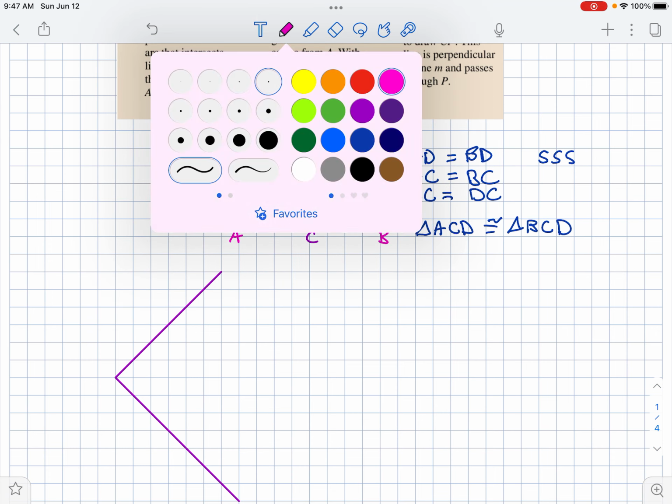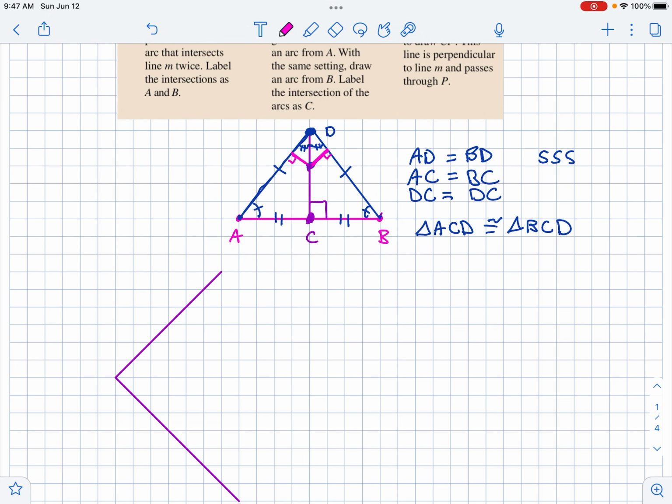In other words, I want to cut this angle in half. This angle, I'll call angle A. I want to cut that angle exactly in half. I want to bisect it. There's a way to construct a bisector like this, such that this and this are the same. So those two angles are the same.